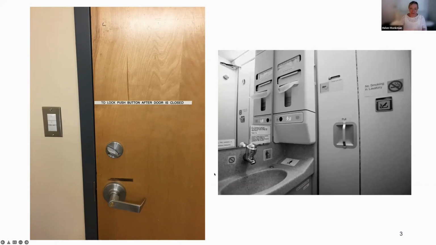And then we have the contrast. Airplane bathrooms are super tiny, but they cram a lot of stuff in there. They do have at least one really excellent example of design: usually in most of them, the lights won't turn on until you lock the door. This is a really good cue for you to know that the door is locked, and you won't start doing anything before your lights are on.